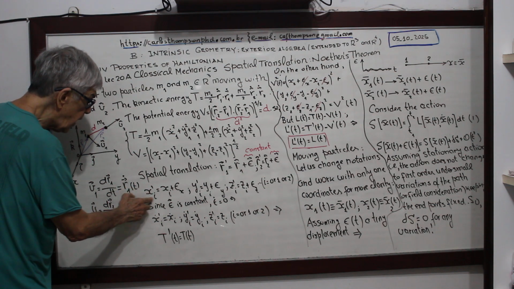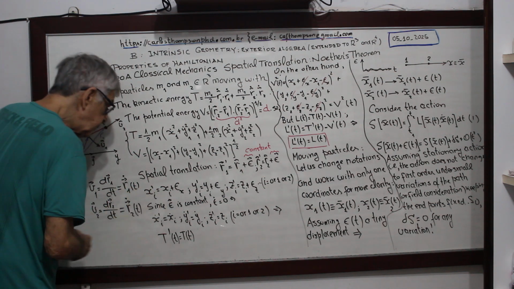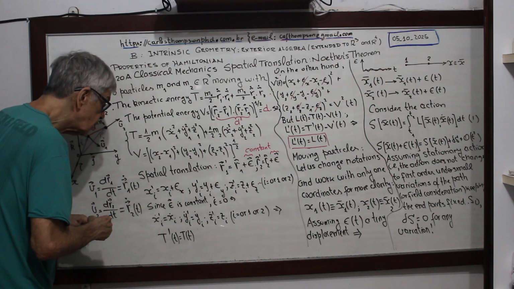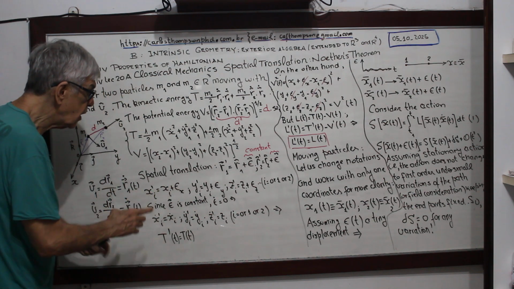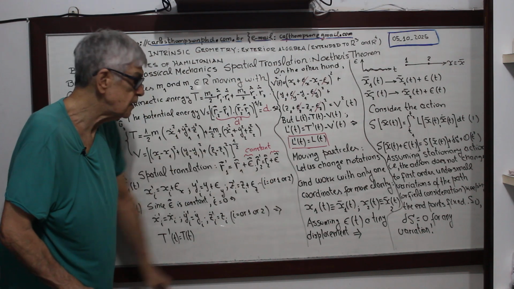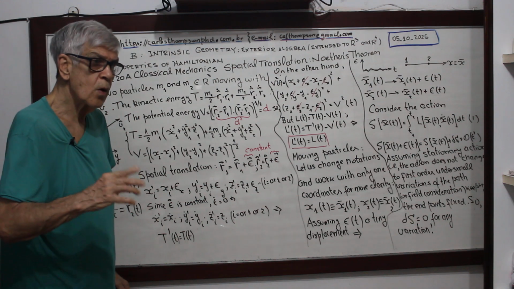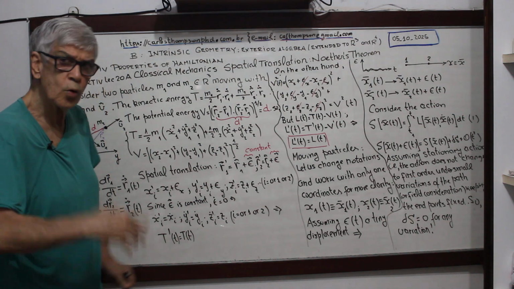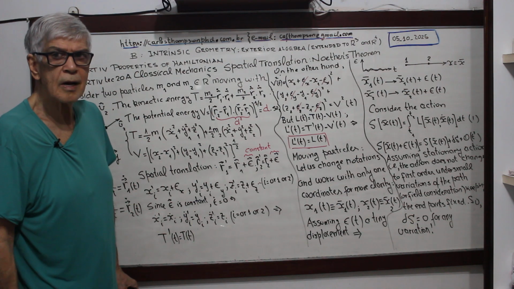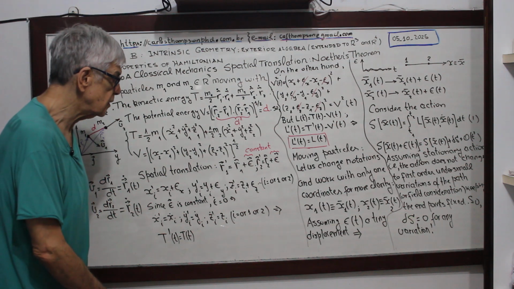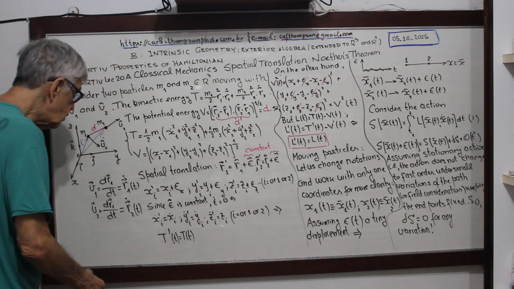x prime i is xi plus epsilon x. Here it's important that i represents either 1 or 2, because we are dealing with two particles only. You could extend this to many particles, any number of particles.